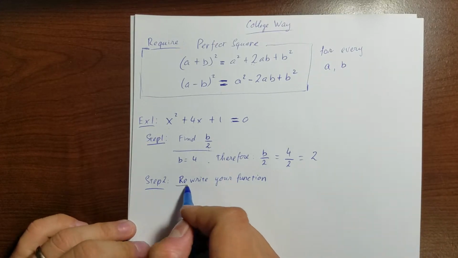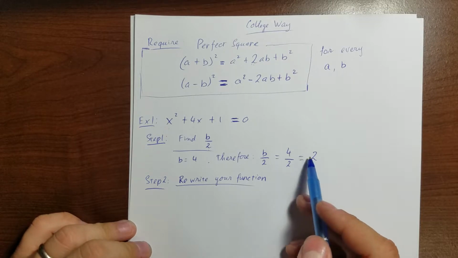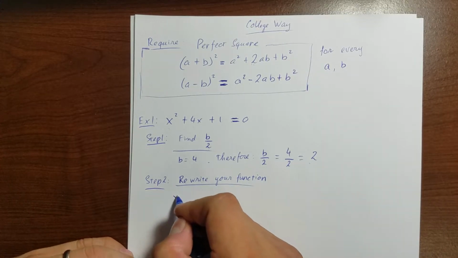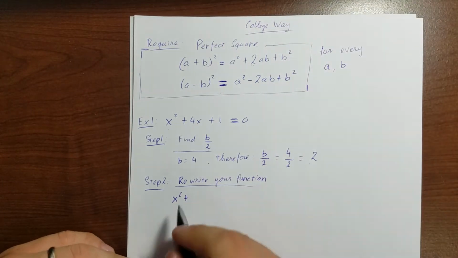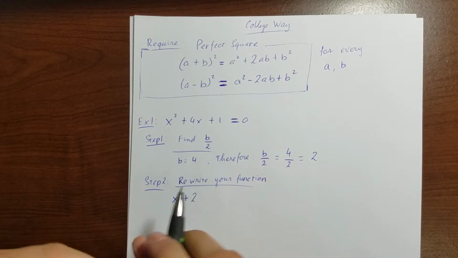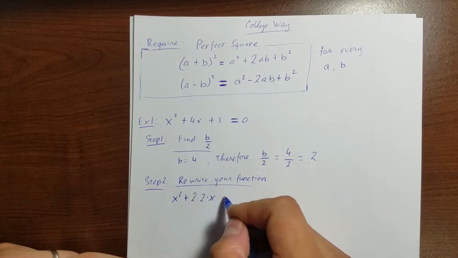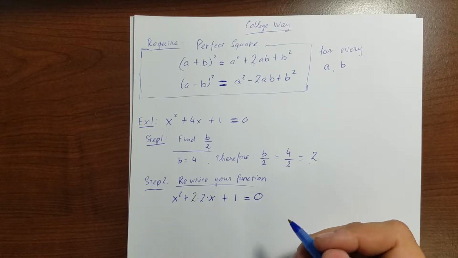Since we found that 4 divided by 2 equals 2, instead of 4, I can rewrite that as 2 times 2 times x plus 1 equal to 0.